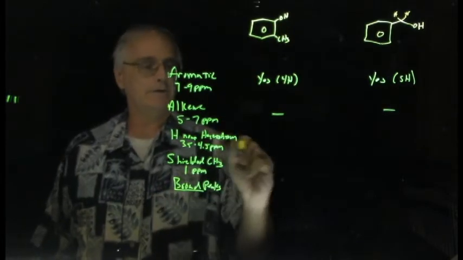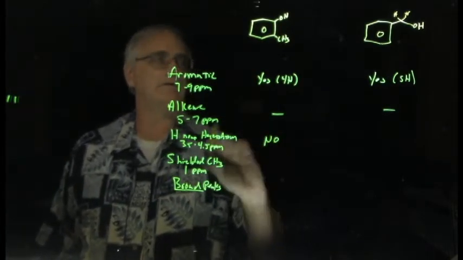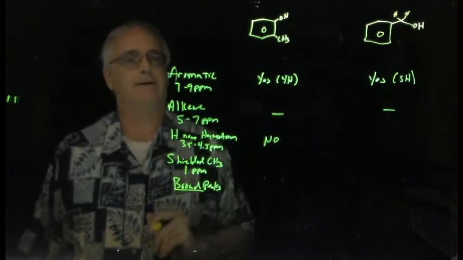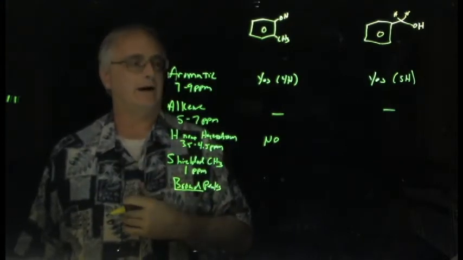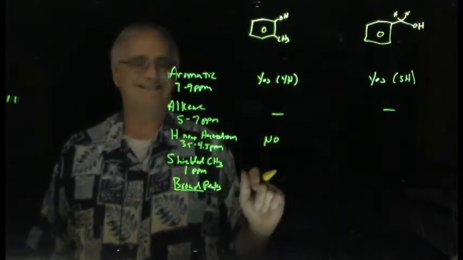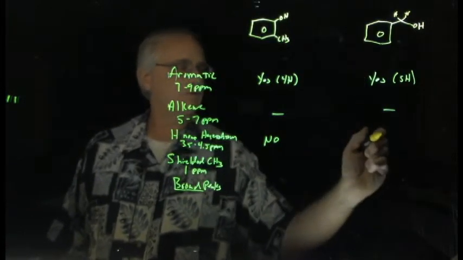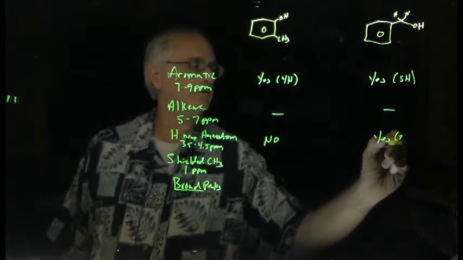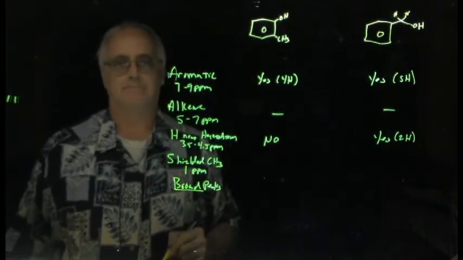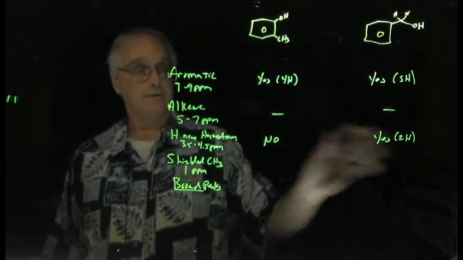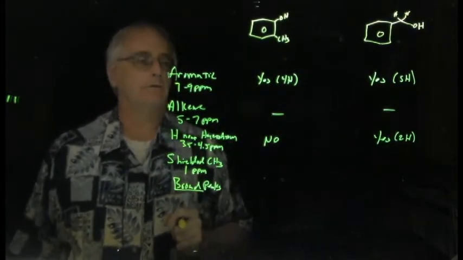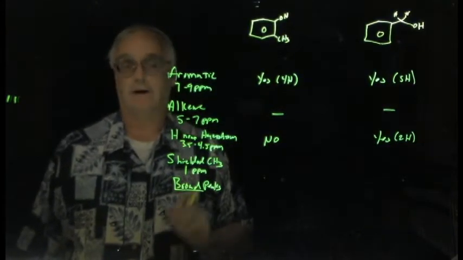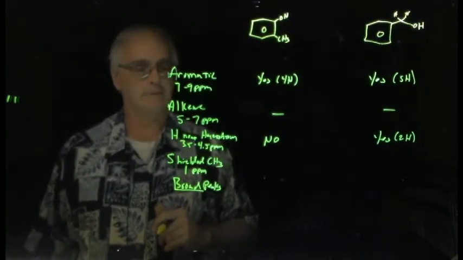So this molecule does not have hydrogens near a heteroatom, so we wouldn't expect anything in the 3.5 to 4.5 range. This one does, and there are two hydrogens. So a signal in this range should integrate to 2 for that molecule. Very nice difference between the two.